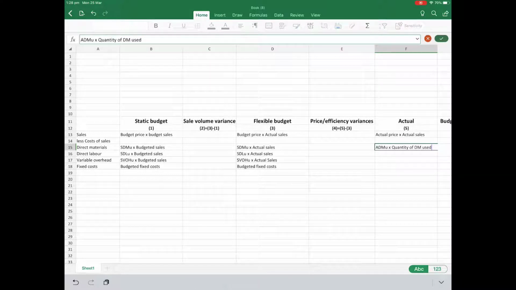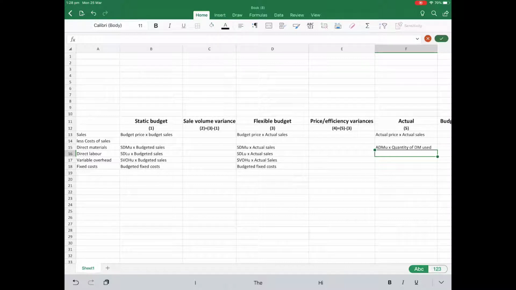So for instance, we used 200 kilogram of direct materials for this amount of sales. So we will times that with the price per kilogram of direct materials, all right?